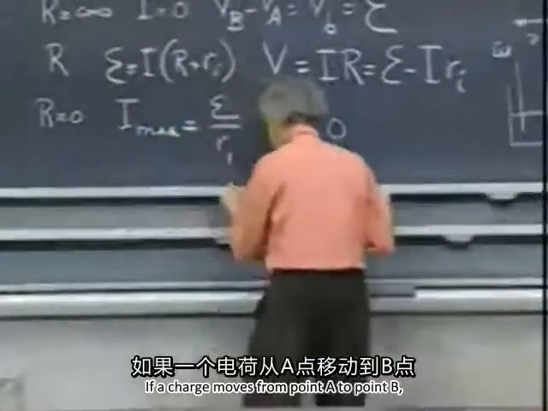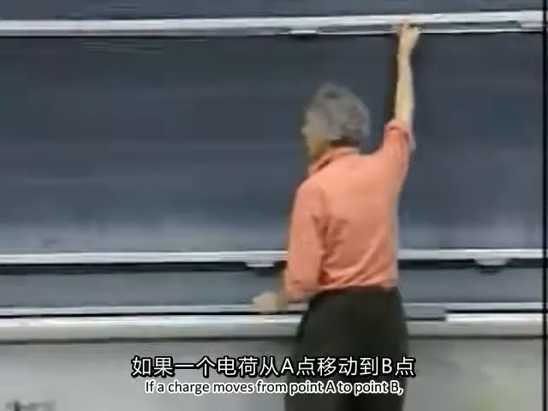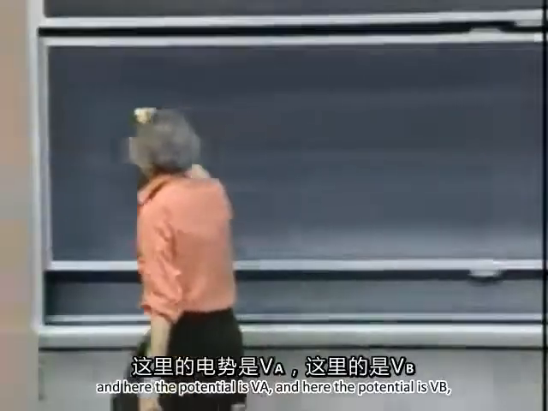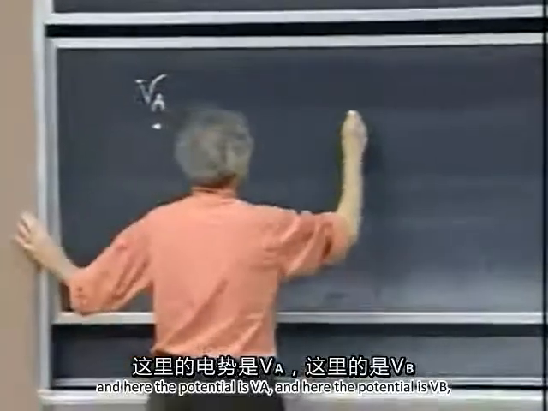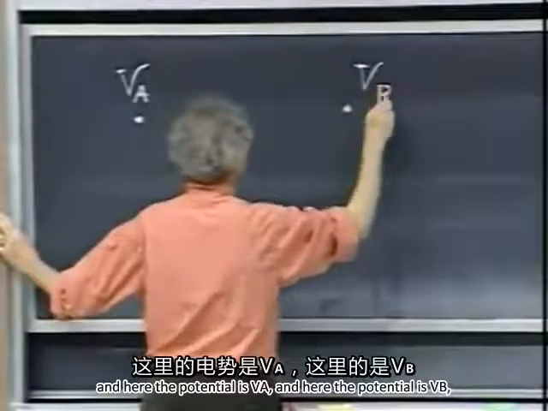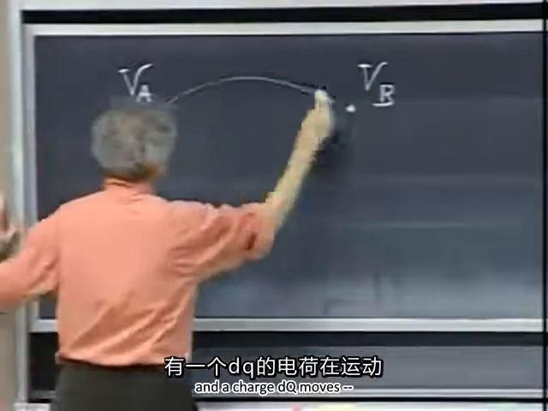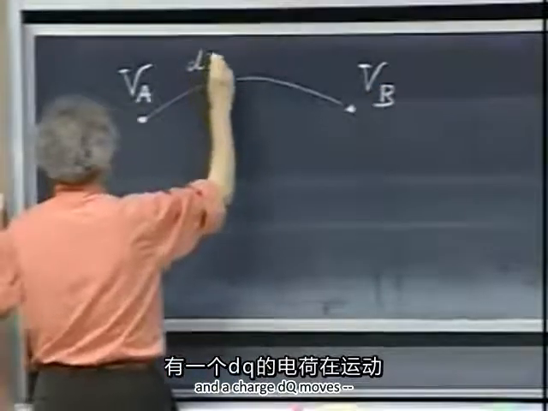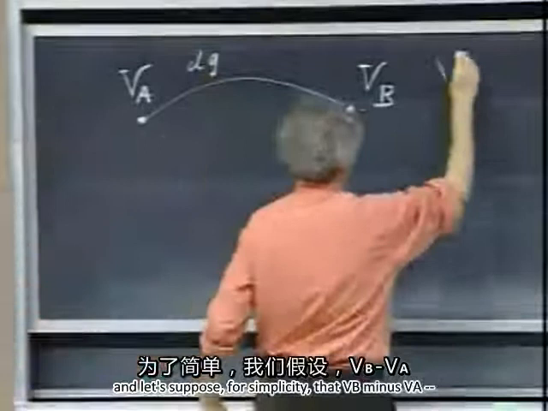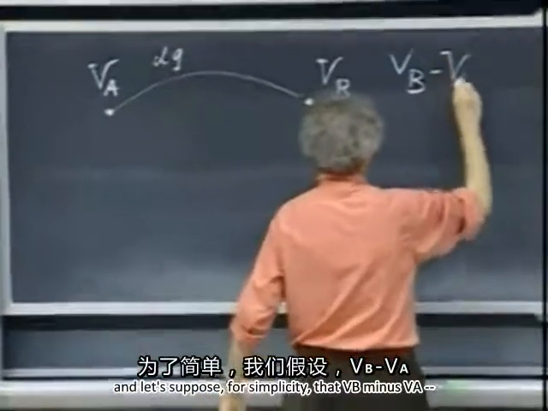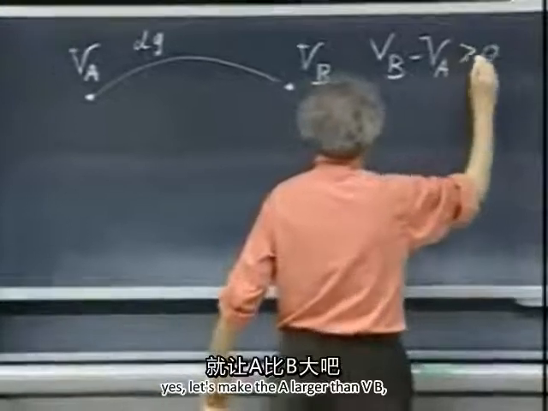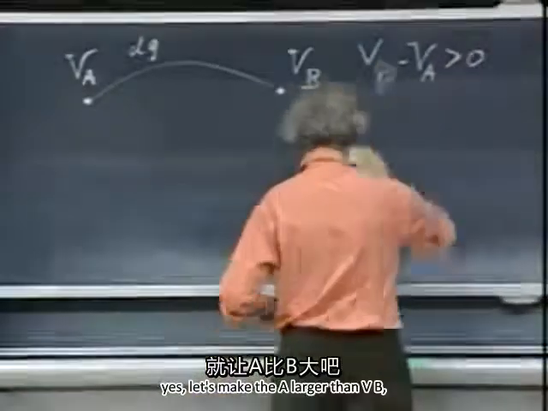If a charge moves from point A to point B, and here the potential is VA, and here the potential is VB, and a charge dq moves, and let's suppose for simplicity, let's make VA larger than VB.